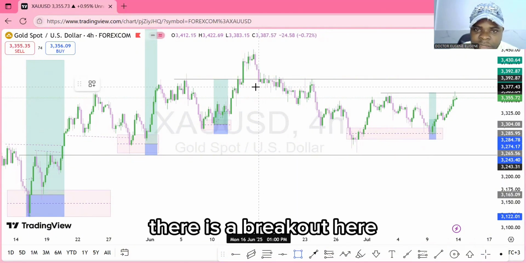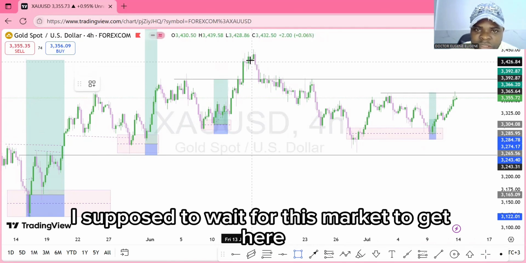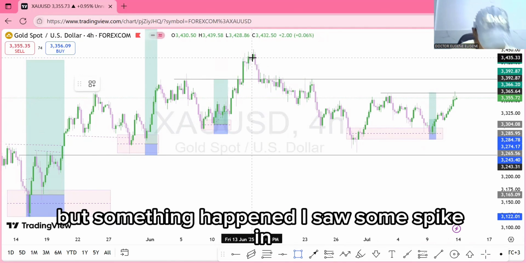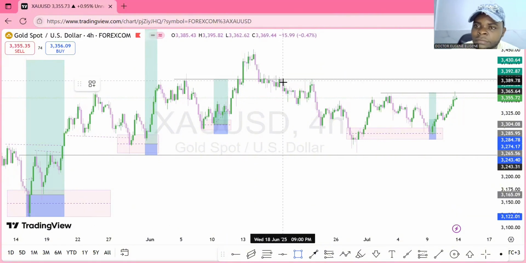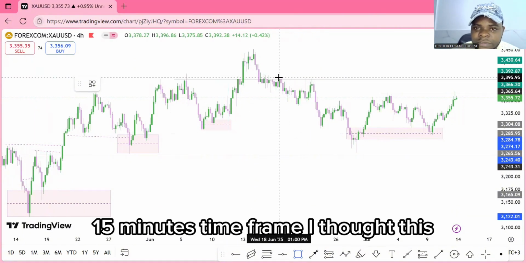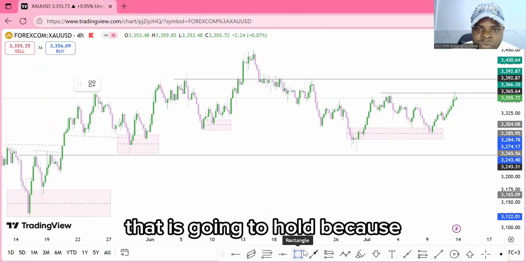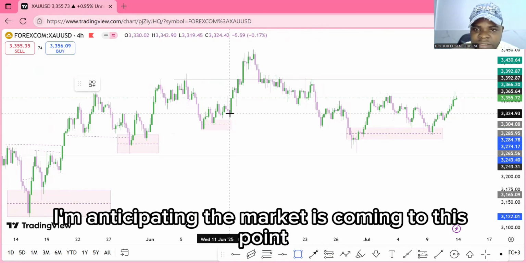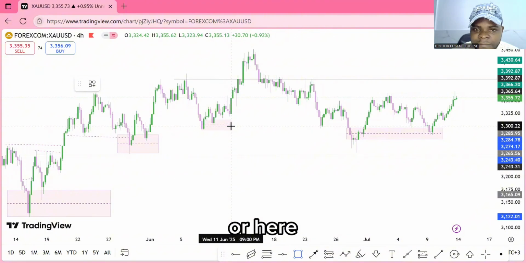There is a breakout here. I'm supposed to wait for this market to get here, but something happened. I saw some spike in the 15 minutes time frame. I thought that is going to hold because I'm anticipating the market is coming to this point or here.